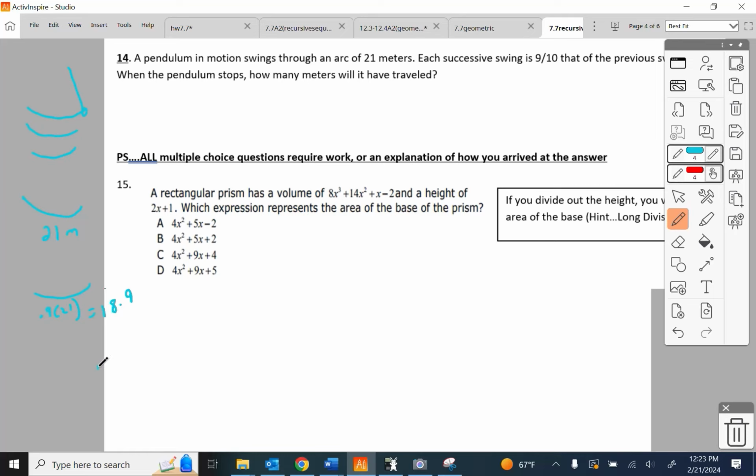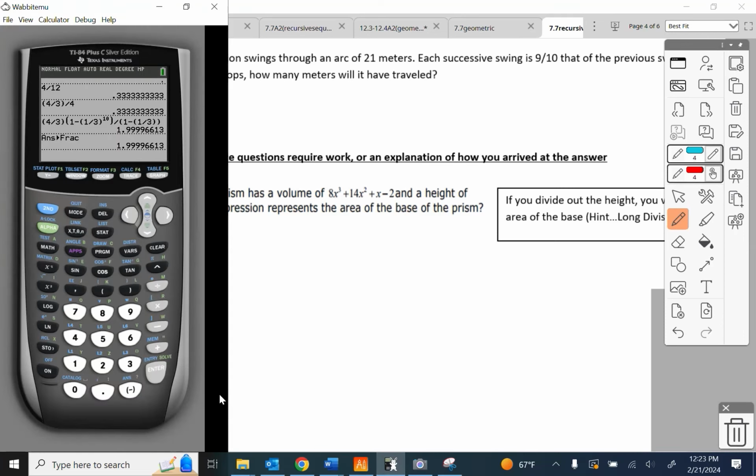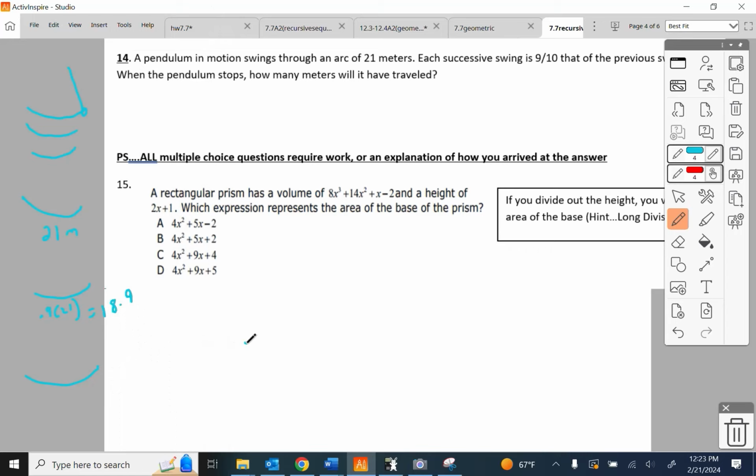And the swing after that would be 9/10 of that, which I'm just too tired to do. 0.9 times 18.9. You got to know when you need to push buttons and when you don't. 17.01. This right here is your ratio. This right there is your first term.